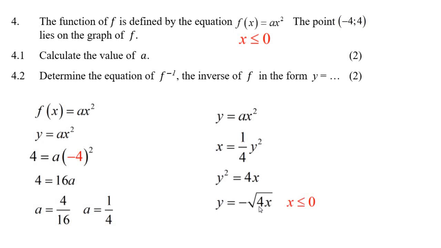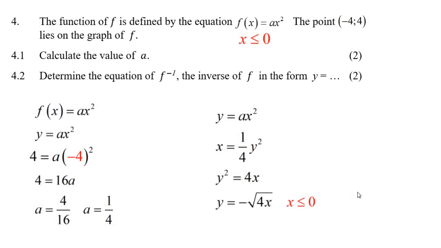We square root both sides. But if you've got the negative branch here, the branch on the left of y squared, then you're going to need the negative branch of the square root in order to get the inverse. So it must be the negative part because x is less than or equal to 0.